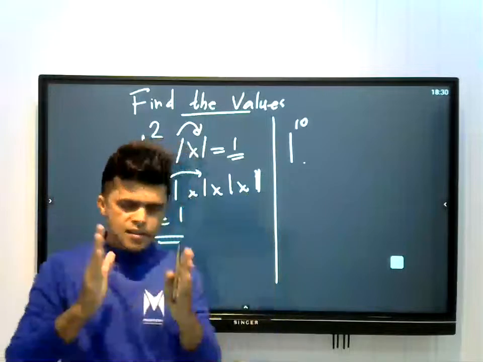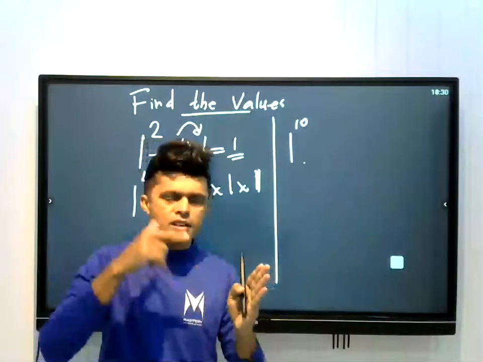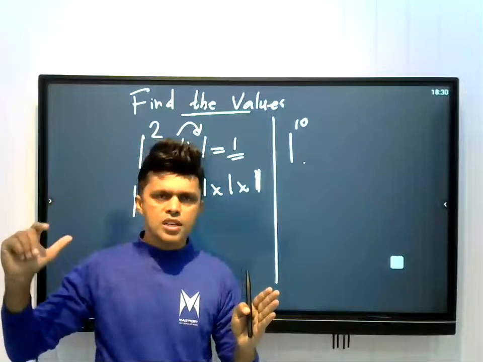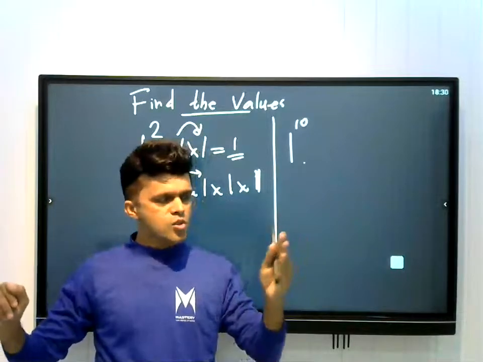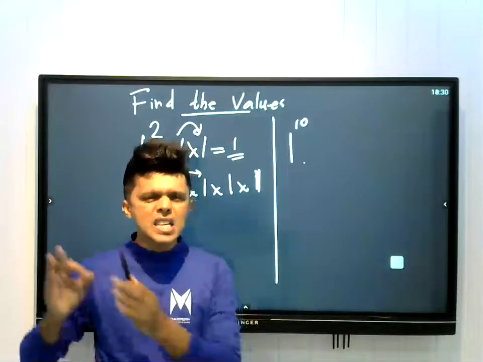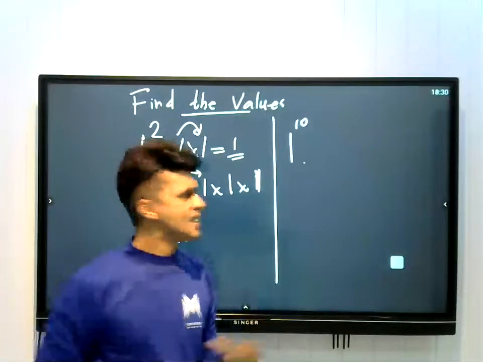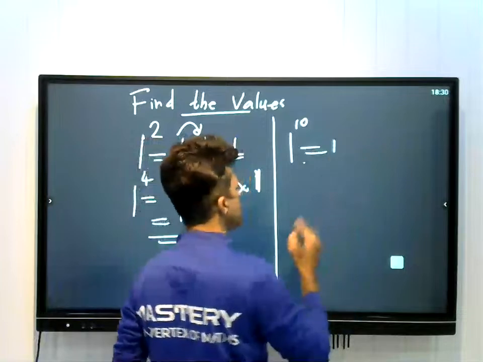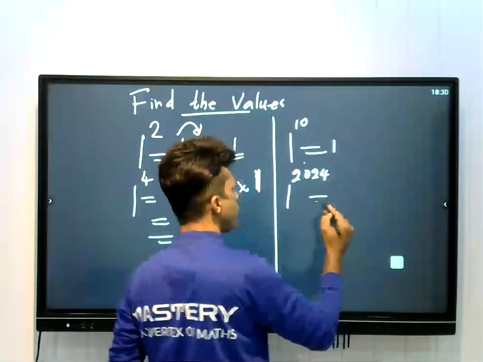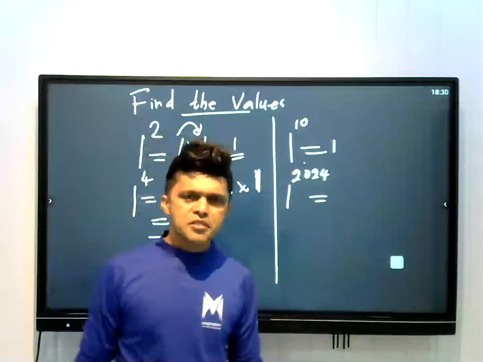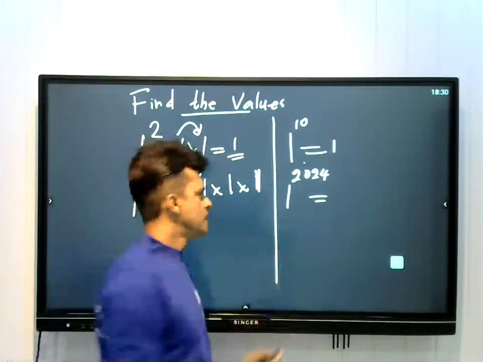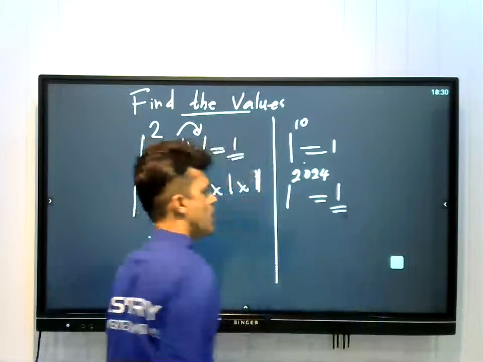When you multiply the digit 1 ten times, 1 into 1 is 1, 1 into 1 is 1, and so on, eventually the answer you get is 1. So the answer is 1. Then 1 to the power 2024. What should be the answer here? Eventually you need to get 1 here.